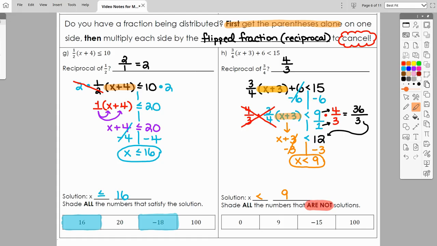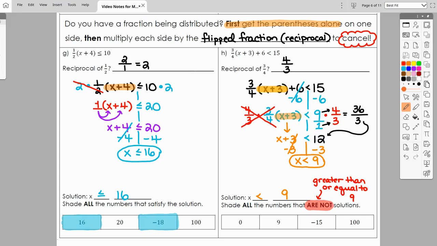So now I want to think of numbers that are going to be greater than or equal to 9. If I have anything else, which is numbers less than 9, that's a solution. I need a not solution.